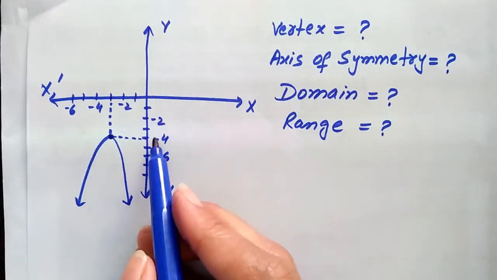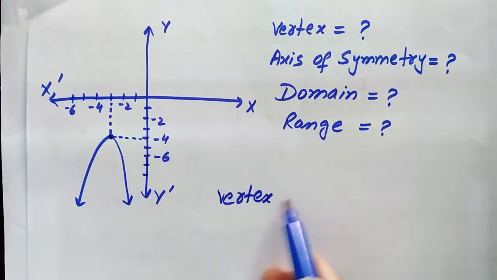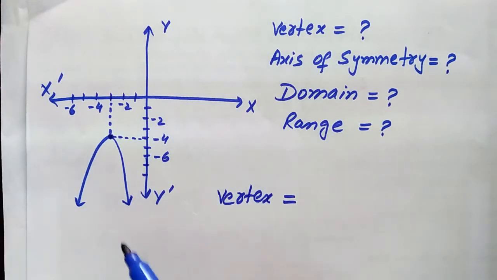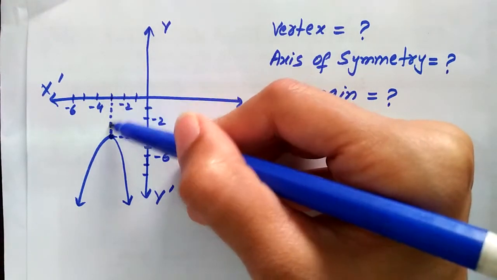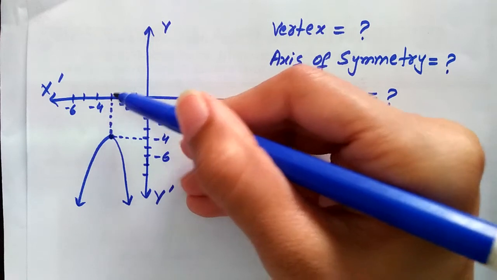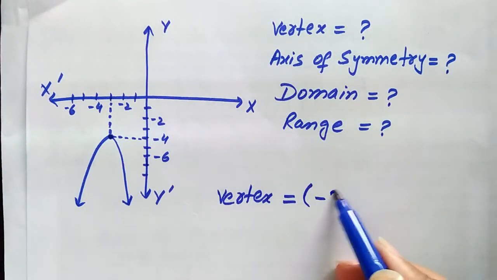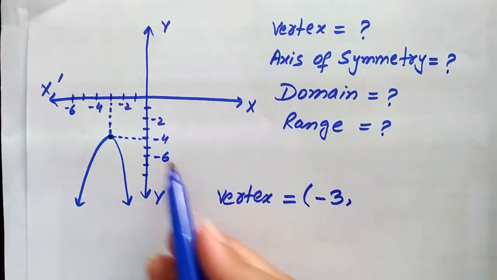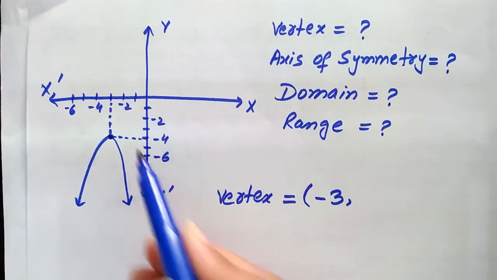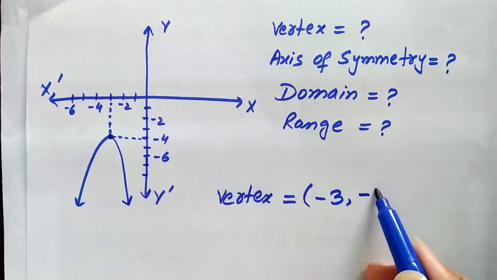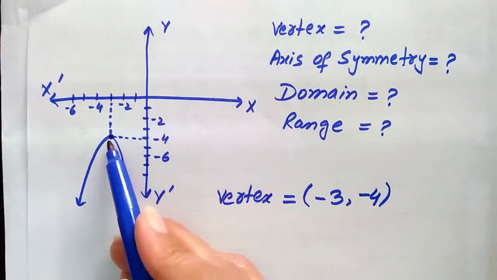So the x-coordinate of the vertex of the parabola is -3, and on the y-axis, the y-coordinate of the vertex will be -4. So that is the vertex of the parabola.